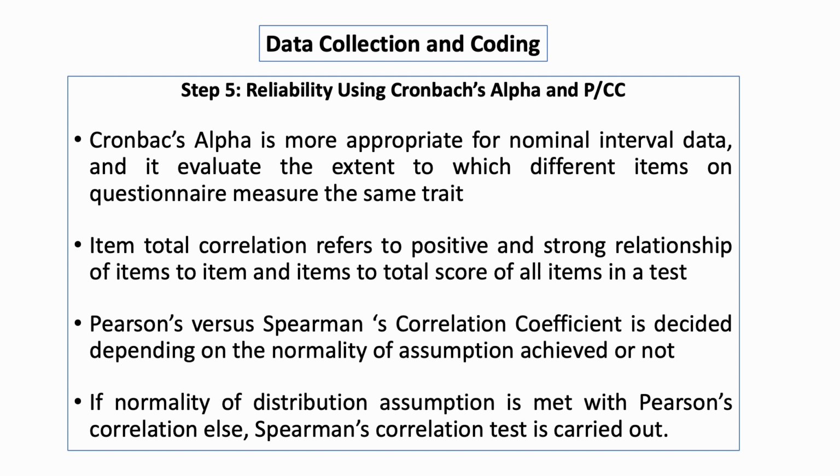Item total correlation refers to a positive and strong relationship of items to items, and items to the total score of the items in a test. Pearson's versus Spearman correlation coefficient is decided depending on the normality issues. If the normality of distribution assumption is met, Pearson's correlation is used; otherwise, the Spearman correlation test is carried out.